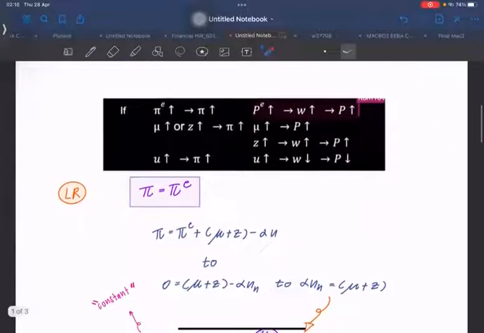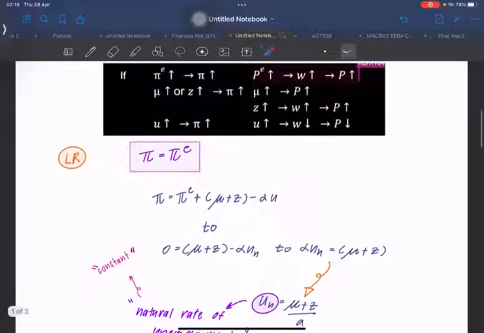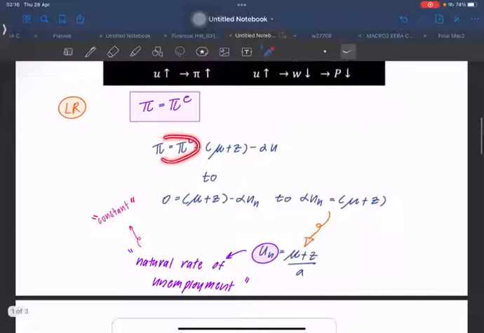In the long run, inflation and expected inflation would be equal. And here is the formula in the long run, which is inflation equals expected inflation plus mu plus z minus alpha u, which is quite similar to the short run. But here, since they are equal, it would be 0.